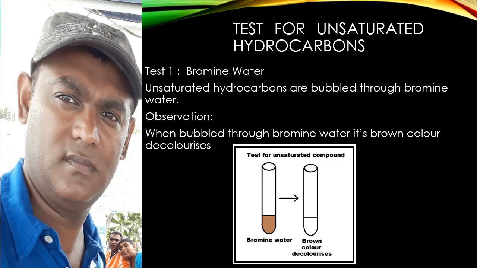The test is to bubble the unsaturated hydrocarbon through bromine water. The bromine water is brown in color. What you can observe is that when bubbled through bromine water, its brown color decolorizes. Therefore, the compound is unsaturated if the bromine water is decolorized. If it remains unchanged, this means that it is not an unsaturated hydrocarbon, it is a saturated hydrocarbon.